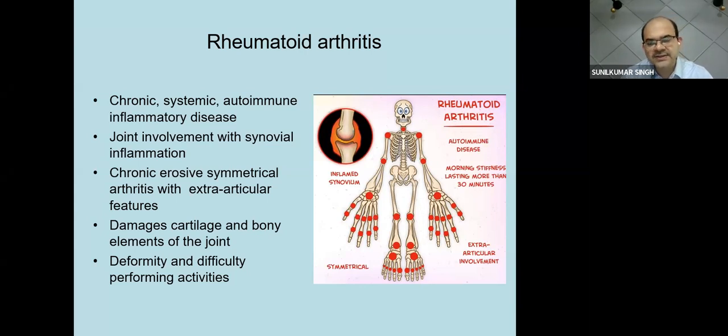And it also has a tendency to go beyond the joints, and that's why sometimes it's called rheumatoid disease and not just rheumatoid arthritis. What it does is it damages the cartilage and the bony elements of the joint, and this gives rise to the deformities and the difficulty in performing even simple activities of daily living. Patients struggle with holding a toothbrush, or even doing very simple activities of daily living.